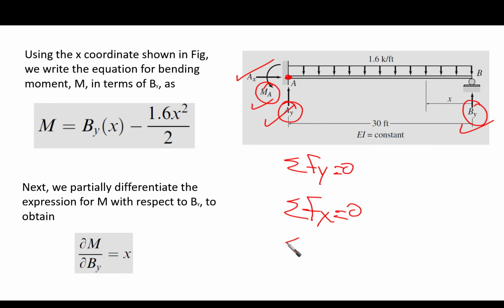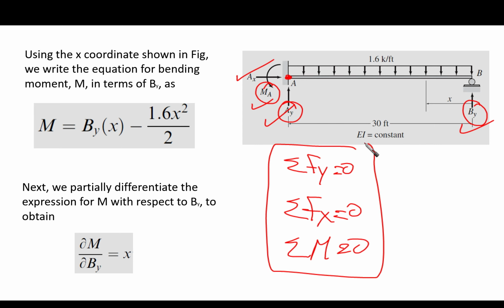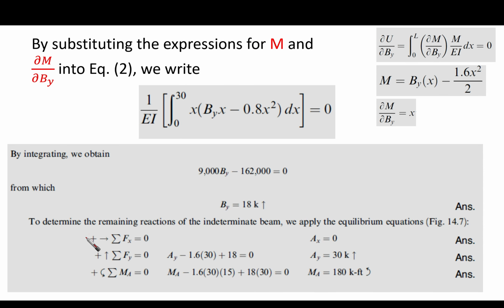So from the summation of moments equal to 0, from the three equilibrium equations, knowing by, we can obtain these three unknowns for the left side of the fixed support. So these are actually what we have done here. And this is as we expected. Ax was 0, Ay 30, MA it is 180.